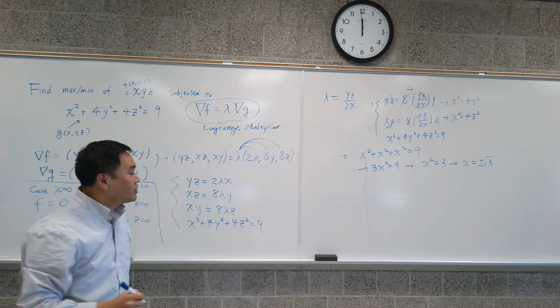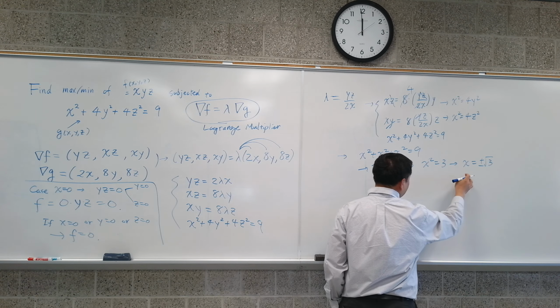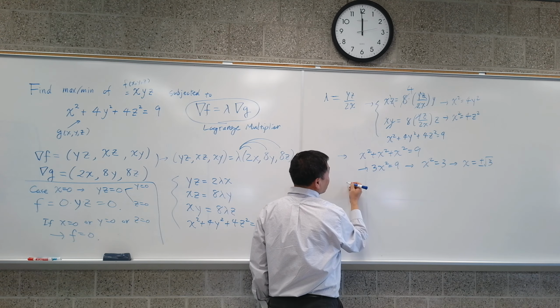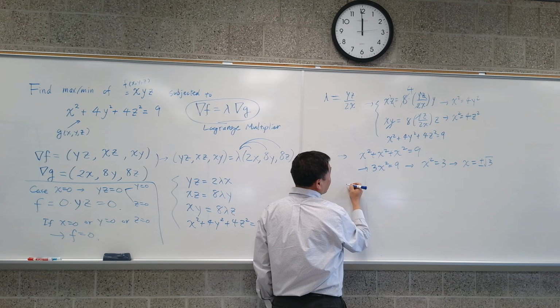Now what does that mean for y? Well, x squared is 3. If x is plus or minus square root of 3, then x squared is 3. So you have that 4y squared is 3, which means y squared is 3 over 4, which means y is plus minus square root of 3 over 2, because square root of 4 is 2.